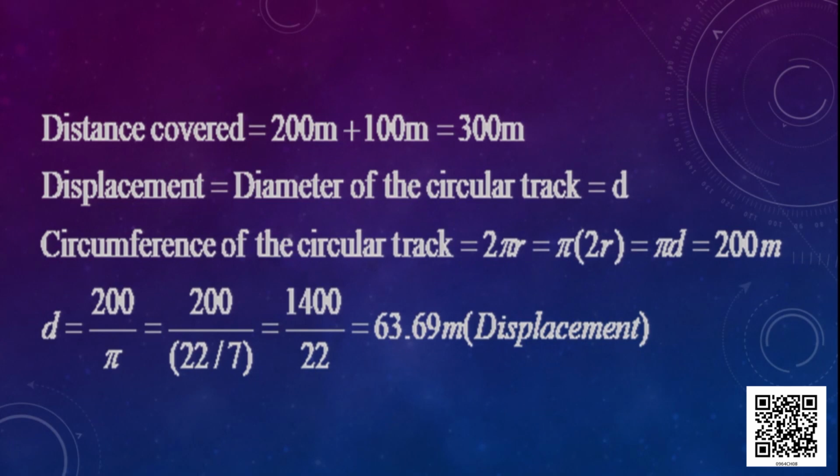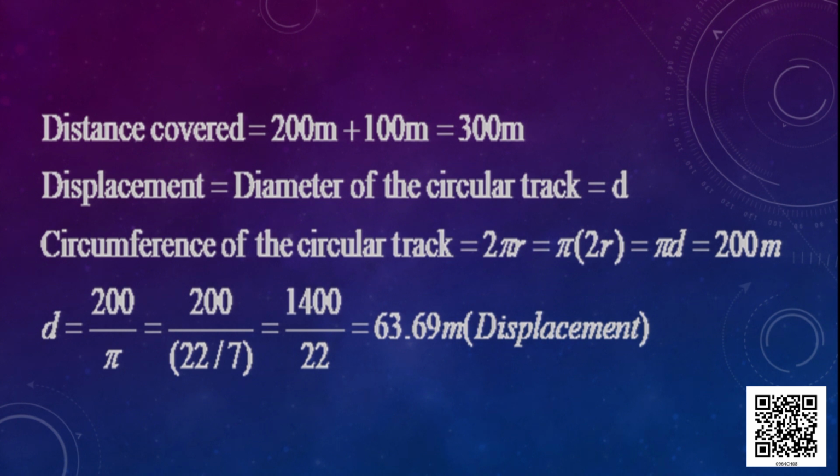The circumference of the circular track, we know from mathematics, is 2 pi r equal to pi into 2r, where 2r is equal to the diameter of the circular track. So circumference of circular track equal to 2 pi r equal to pi into d. The circumference of the circular track equal to 200 meter, it is given.